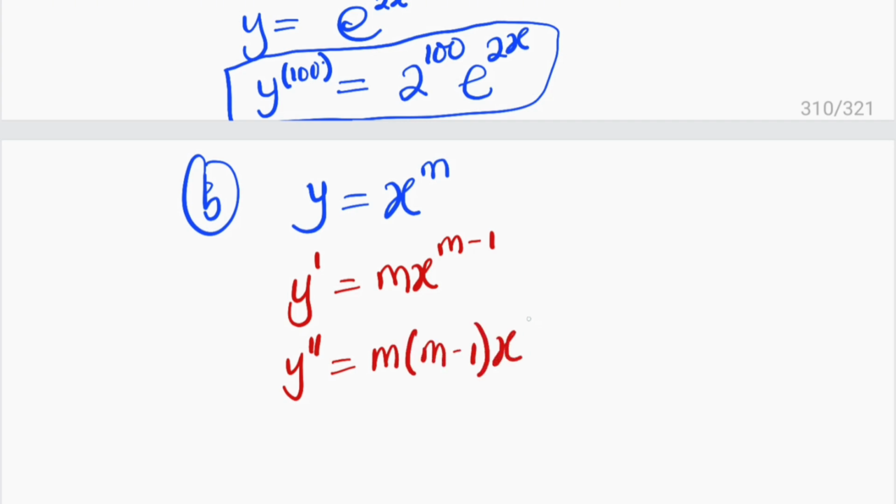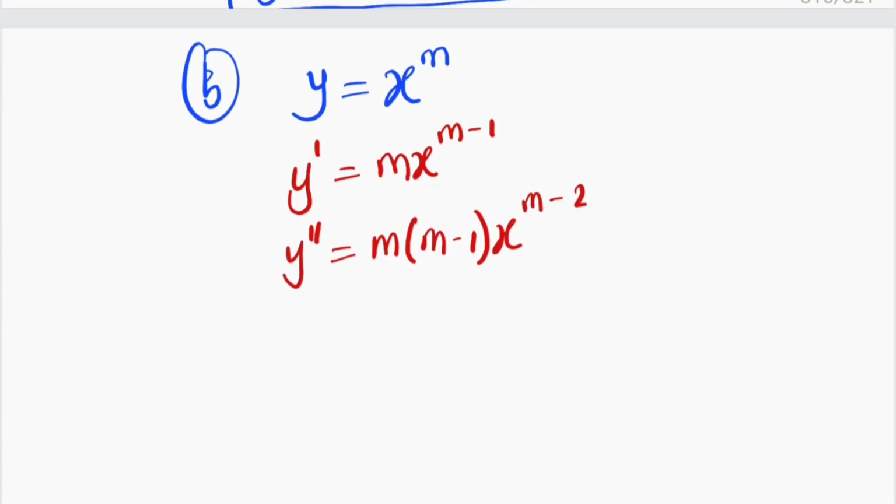Then x to the power of m minus 2, right? Can you see that we have 1 here, 1 here, 2 here, 2 here? So we have already seen one connection. The third derivative, this will multiply down. Already we have these two factors.